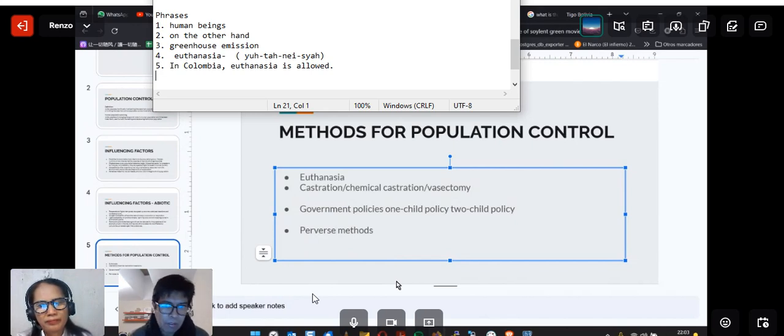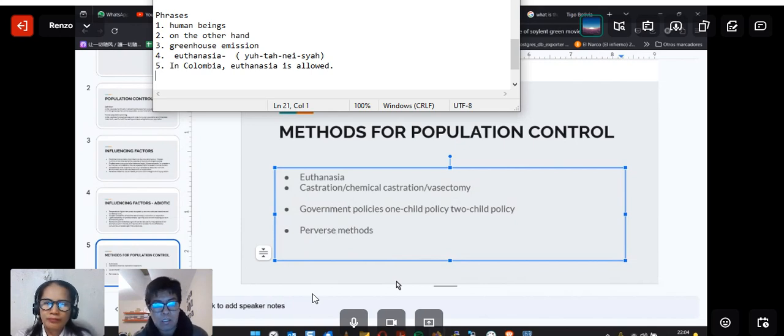When people think about conspiracy theories, it's not just in those theories, because it happened in some countries like Peru.